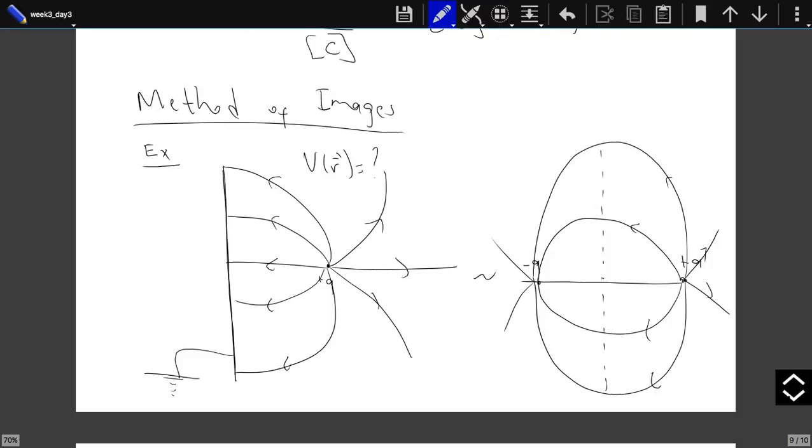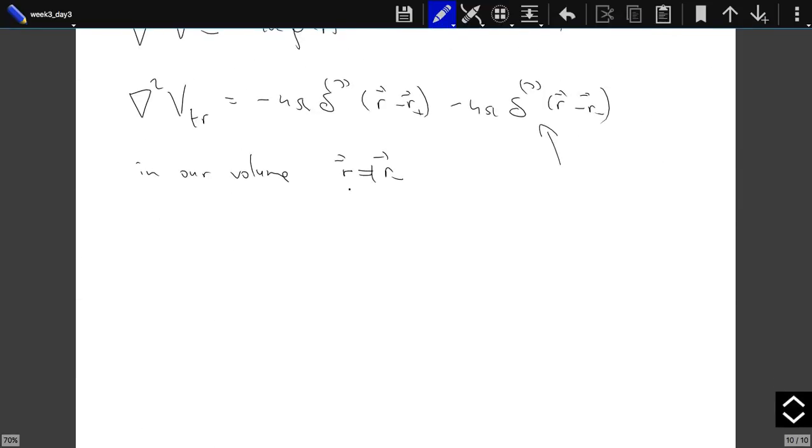We are looking for a solution inside the volume that is bounded by our boundary. Our boundary is this plate plus infinity. So we are looking at the solution in this region, on the right of the plate. But on the right of the plate, since r is never equal to r minus, the additional Dirac delta function is exactly 0.